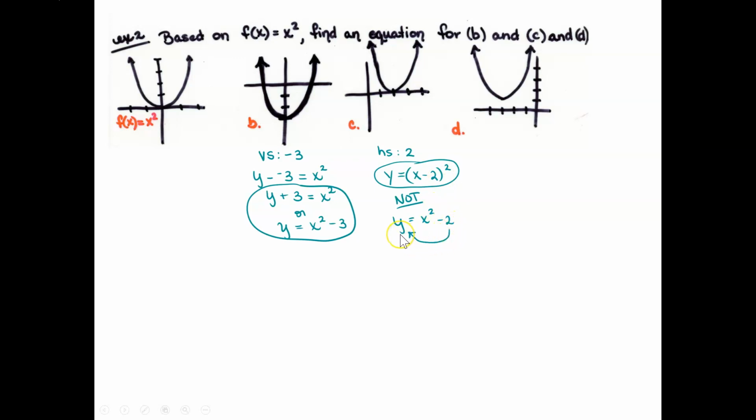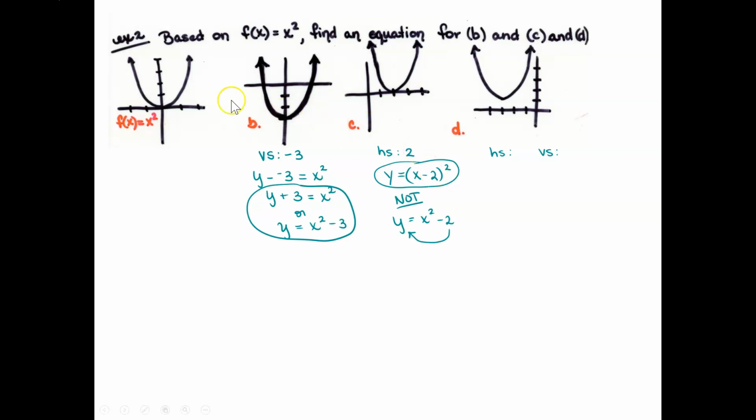It can be moved to the other side, and that would be a vertical shift of a negative 2 instead of a horizontal shift of a positive 2. So the way that I designate that as a horizontal shift, I have to attach it to the x, whether I use parentheses or absolute value or square root, whatever the function is that I'm working with. All right, look at the next one.